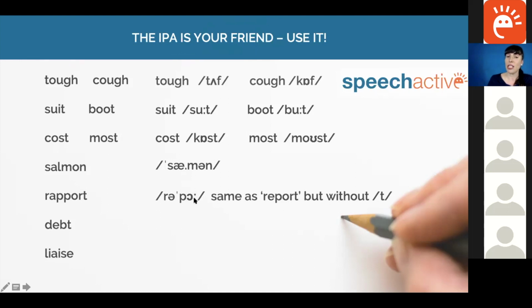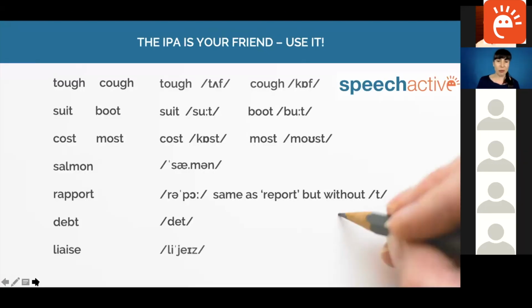Second syllable has a long vowel and no T. So I know that it's rapport. Rapport. Okay, we better get moving, but I just wanted to show you, please start to use the IPA for clues, even if you don't know every symbol. Okay, and then we've got debt with no B and liaise with a double vowel at the end.